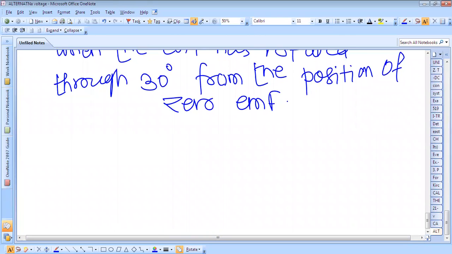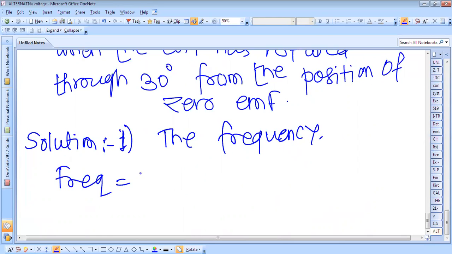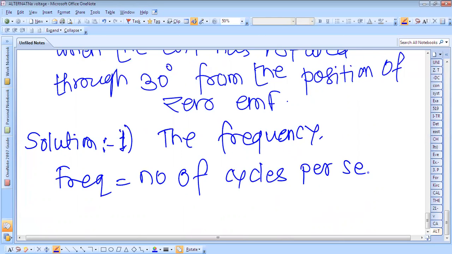So you know that in the solution, first is how to find the frequency. Frequency is the number of cycles per second. According to the definition, what is frequency? It is the number of cycles per second.